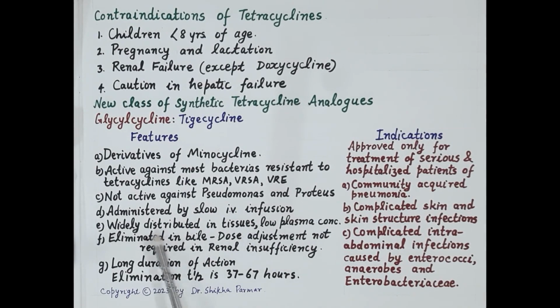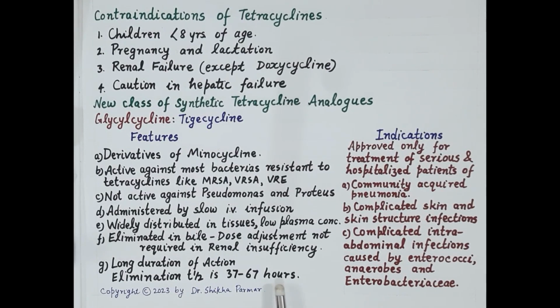It is widely distributed in the tissues while its concentration remains low in the plasma, and it is eliminated in the bile. So, dosage adjustment is not required in patients with renal insufficiency. Now, tigecycline has a long duration of action and its elimination half-life is 37 to 67 hours.